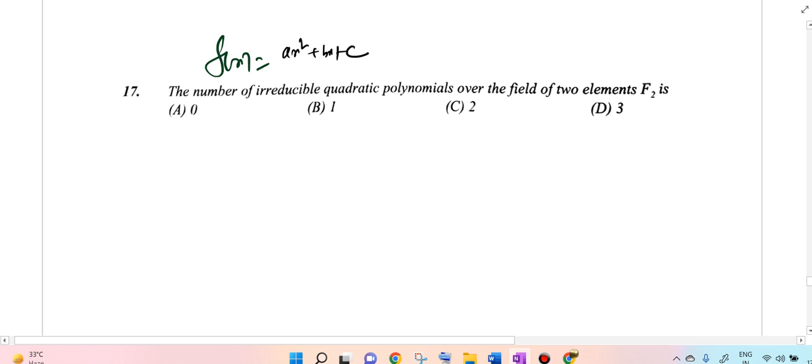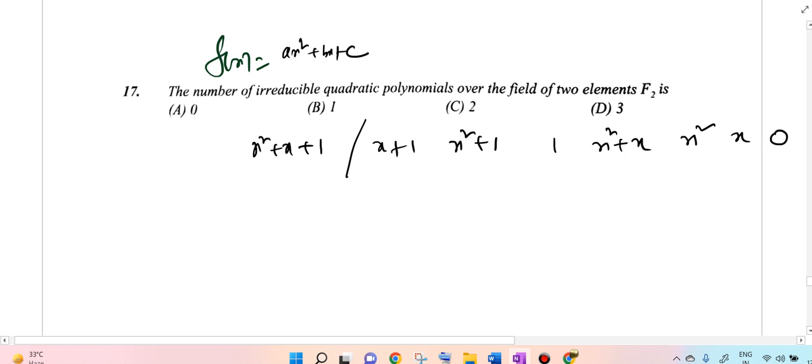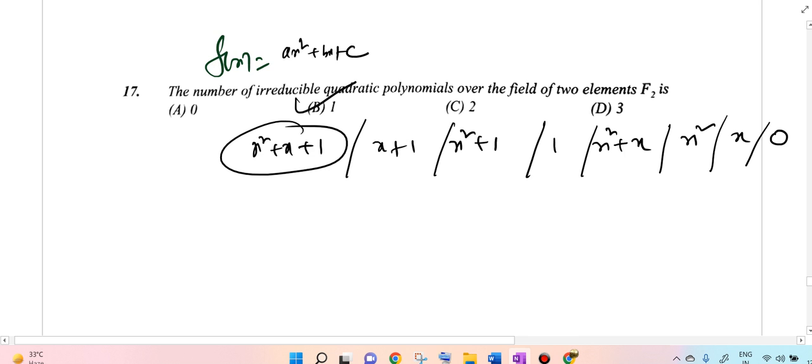So the polynomials are x square, x square plus 1, x square plus x, and x square plus x plus 1. So there is only one irreducible quadratic here, x square plus x plus 1. So the answer is B.